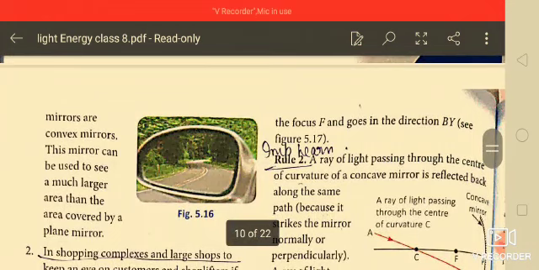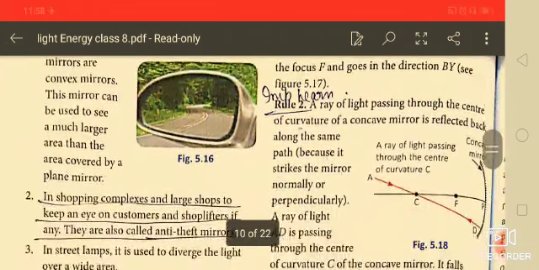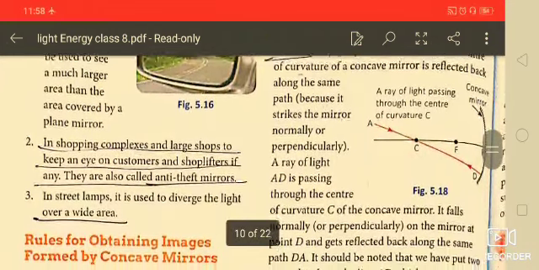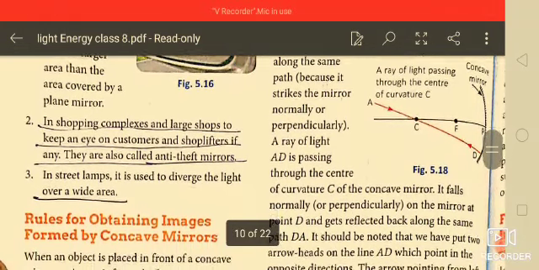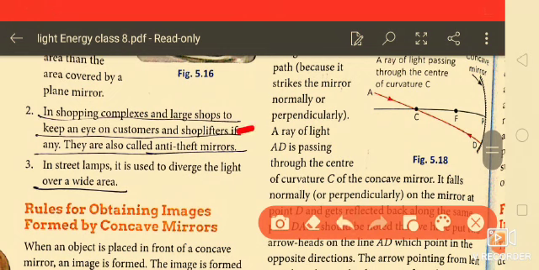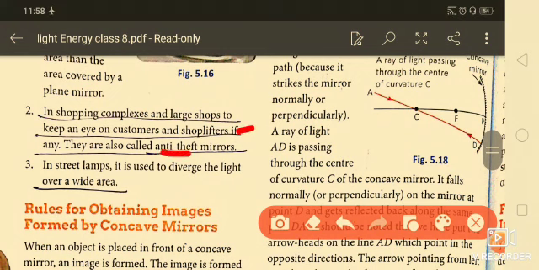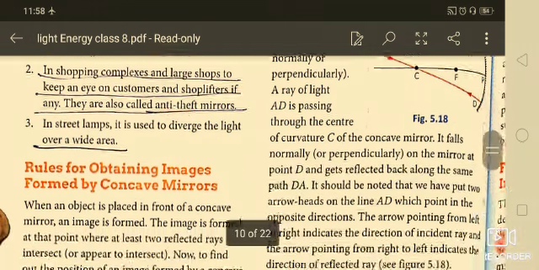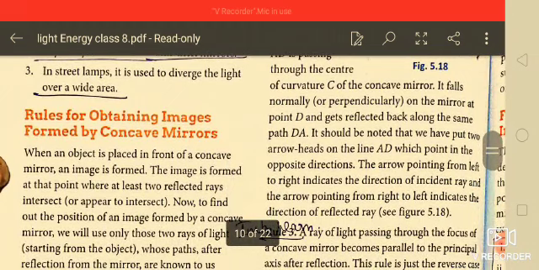Now, convex mirrors are also used in shopping complexes and large shops to keep an eye on customers and shoplifters, if any. So they are also called anti-theft mirrors. And in street lamps it is used to diverge the light over a wide area.